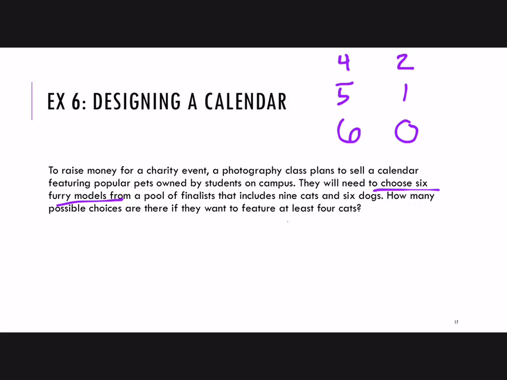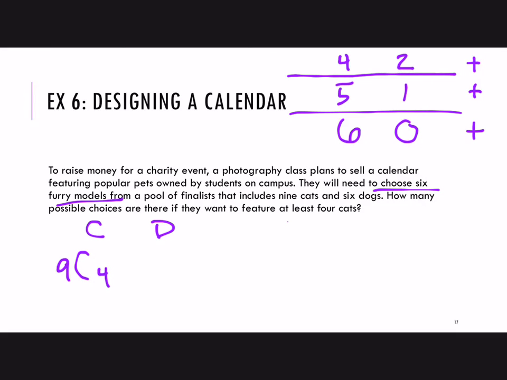Right? So what we have here are actually 3 different combinations problems, and we want to split these up into 3 cases, find the options for each, and then add them all up at the end. All right, so case 1, choosing 4 cats and 2 dogs. Well, we've got 9 cats to choose from. All right, 9 cats, choose 4.